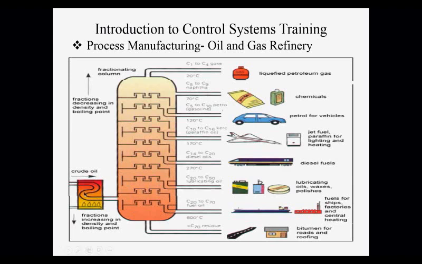So when the heated crude oil enters this fractional distillation column, because of the heat, most of the crude oil is converted to vapors and rises in the column. These fractions all have a different temperature range being maintained there.